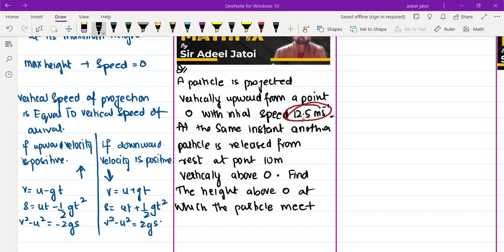At the same instant, another particle is released from rest at a point 10 meter vertically above O. Find the height above O at which the particles meet. Now, what does this mean? This means that from one point it is coming down and from another point it is coming up. So let's work upon this.